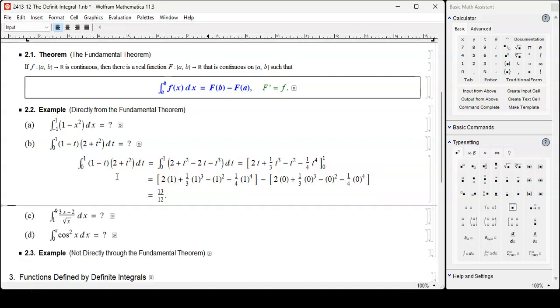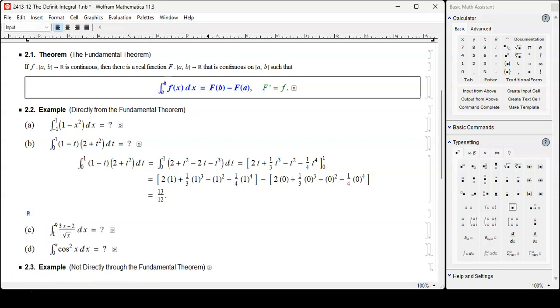Let's see. What is this signed area here? So 1 minus t, 2 plus t squared, t is going from 0 to 1.